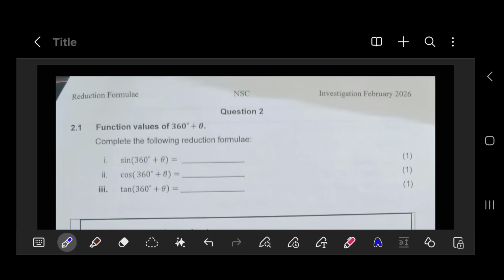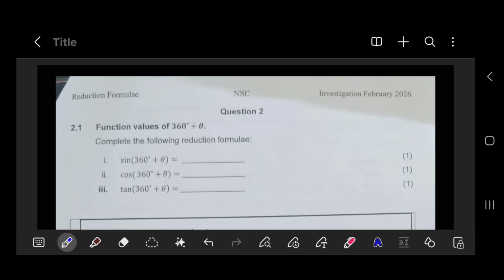So here is question 2. 2.1 says, function values of 360 plus theta. So we want to know if it goes beyond 360 degrees, what would these be? They say complete the following reduction formula. Since they are asking you for reduction formula, it would help if we have the class diagram drawn up with reduction formula on it.